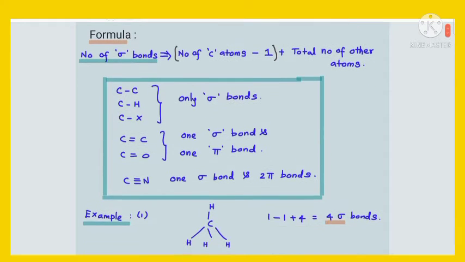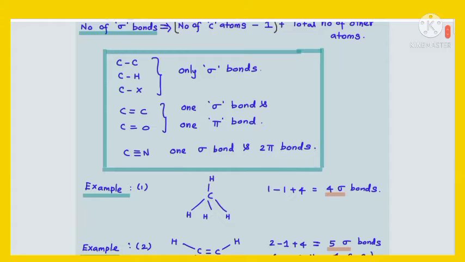In organic molecules, suppose you have single bonds between carbon and carbon, carbon and hydrogen, carbon and halogen, then those bonds will be only sigma type of bonding.